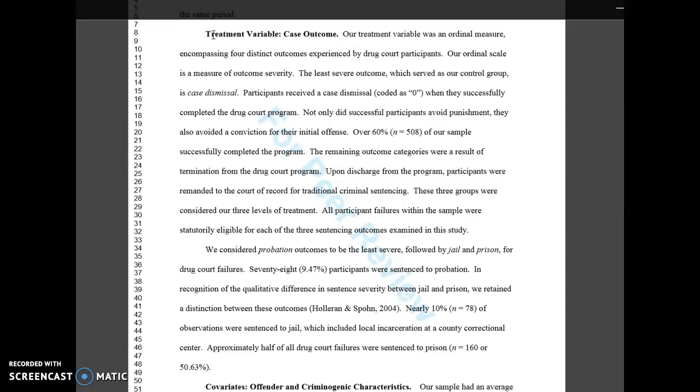But based on the research design of this, we consider it an actual treatment variable. So it's an ordinal measure, which we'll get to in Chapter 5, but we see here that there are 4 attributes to the dependent variable, which is case outcome. It is case dismissal. It is if a person received probation, a person received jail, or a person received prison.